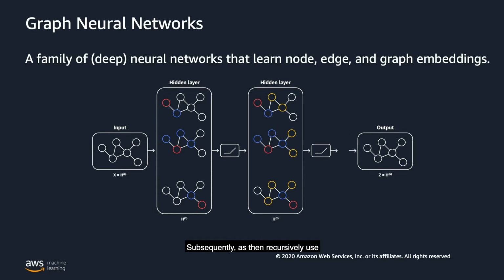Subsequent layers then recursively use the representation of nodes from the previous layers so that the GNN is able to nonlinearly integrate topologically distant information, unlike the traditional graph learning techniques. While GNNs can be trained in an unsupervised manner to generate good embeddings for the nodes of the graphs, GNNs can also be jointly trained with a downstream classification model in an end-to-end fashion for additional supervision.